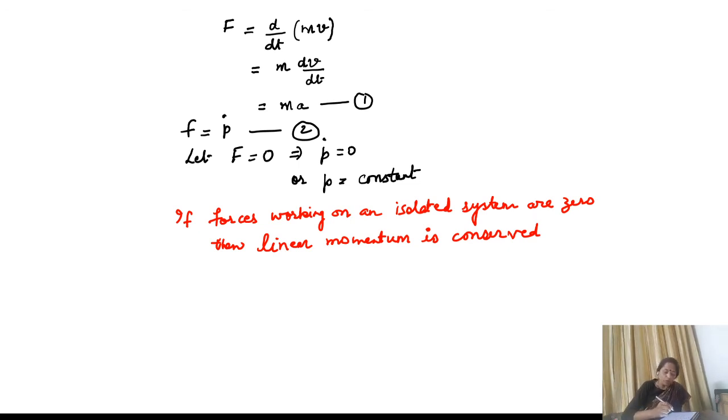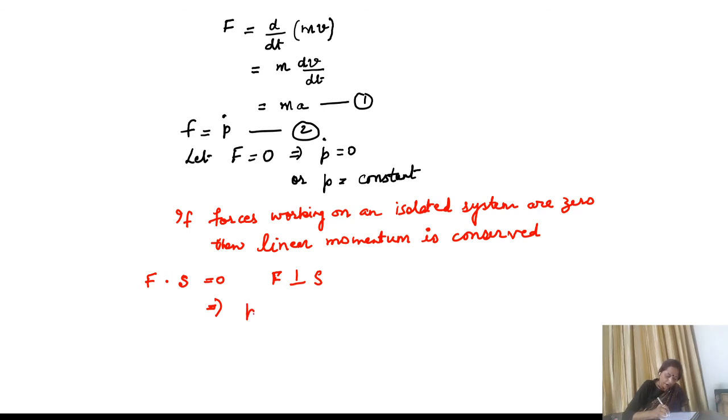You may also see one more result. Suppose S is some vector along a line element and F dot S is 0. What does it mean? That force is perpendicular to that line vector. Force is working in the direction perpendicular to that line vector, and this implies, what is F?